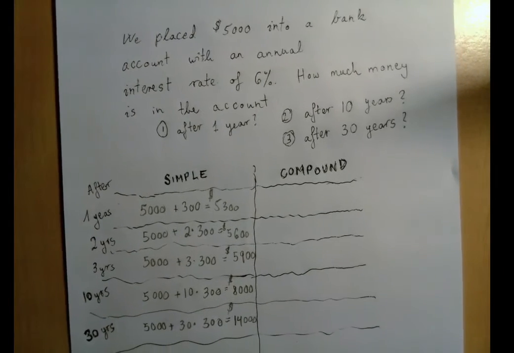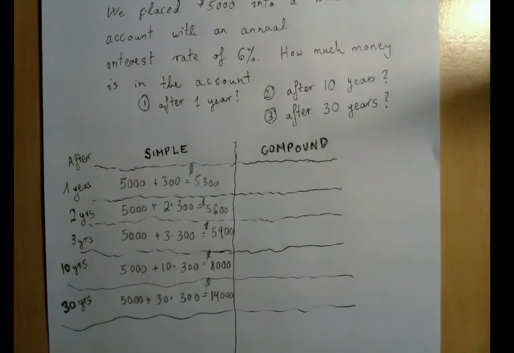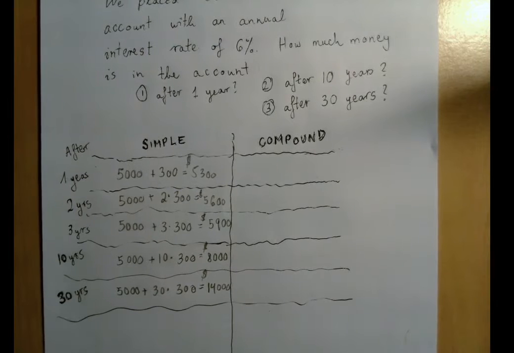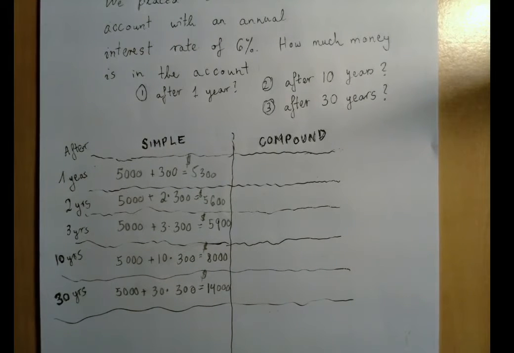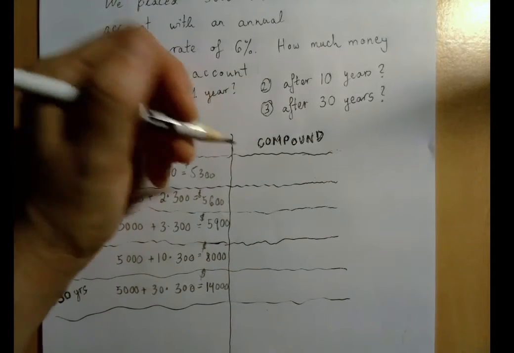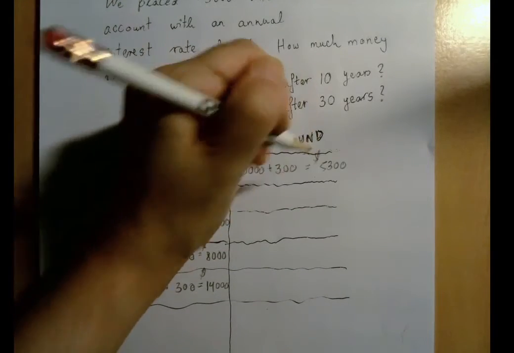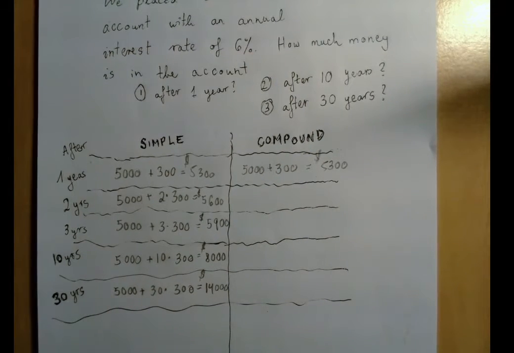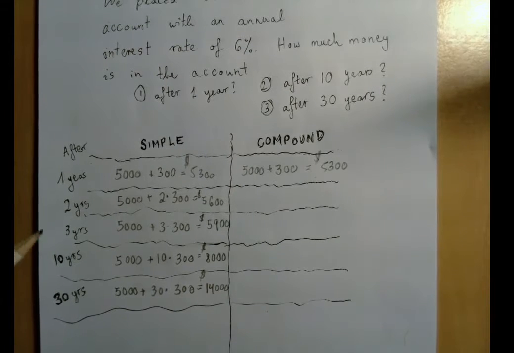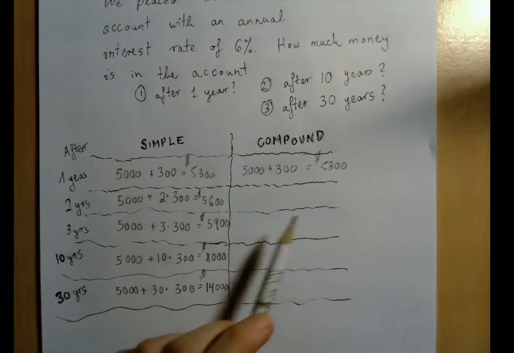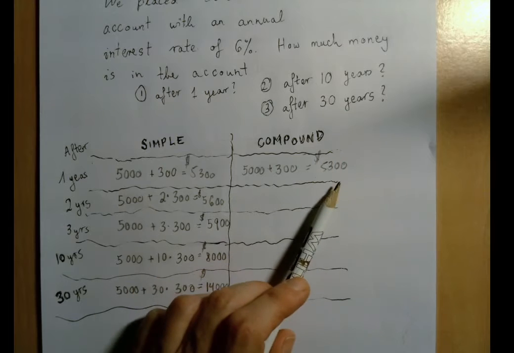Okay, now compound interest is simpler to imagine, but mathematically more complicated. After the first year, there is no difference between simple and compound, so we get the same 5,000 plus 300. But now the $300 gets deposited into the account, and the next increase of 6% is now 6% of this larger amount.